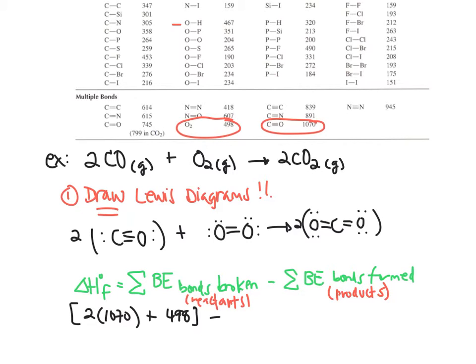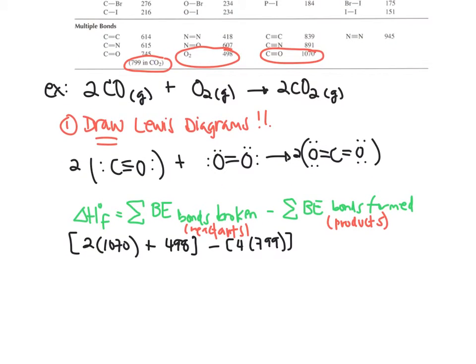So we actually have a total of 4 CO bonds, and you'll look up here and it tells you that a CO bond in CO2 specifically has a bond energy of 799 kilojoules.